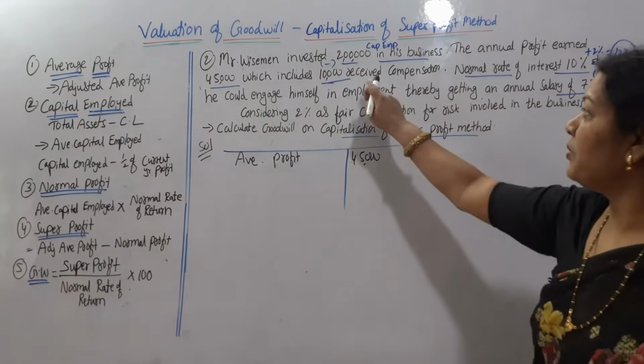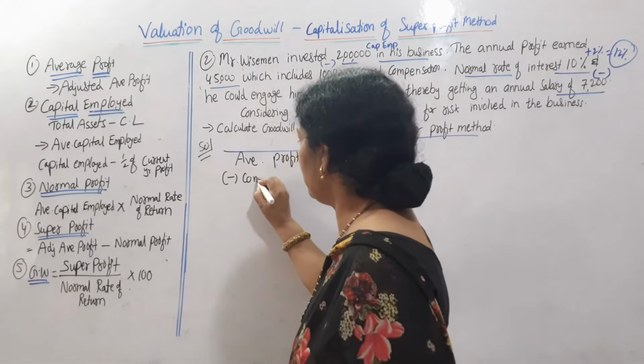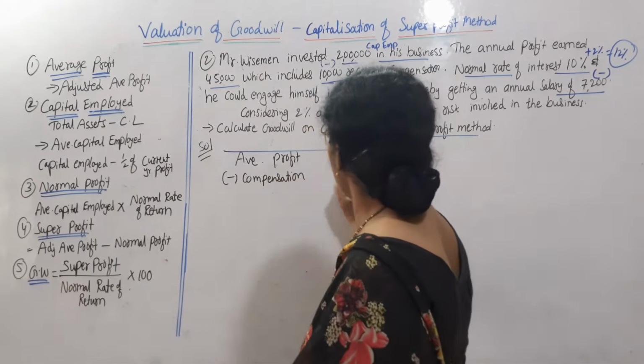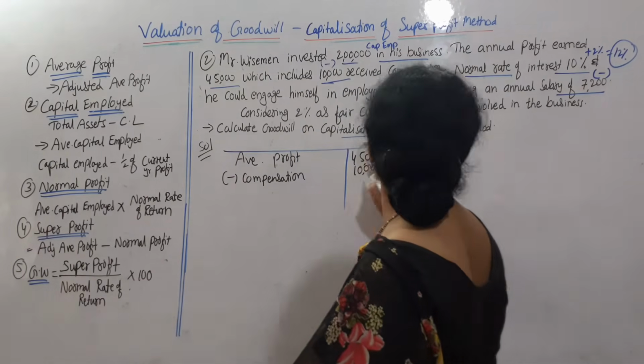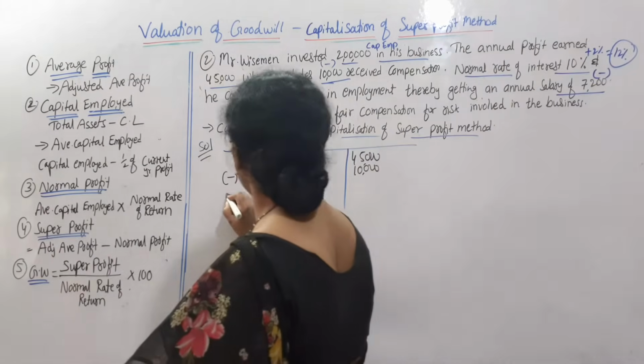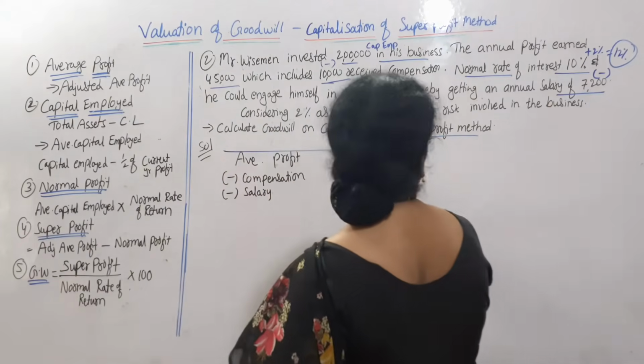From this we are going to deduct compensation, minus compensation 10,000, and also salary, minus salary 7,200, because of these two the profit is decreasing, right?